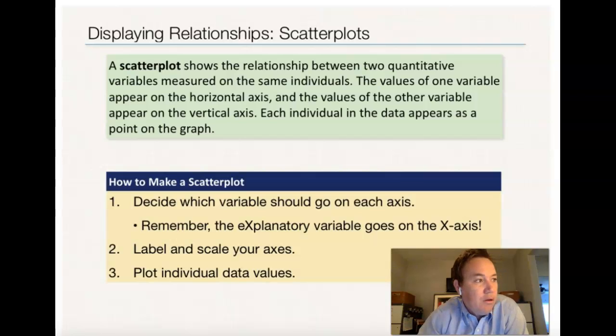When you make scatter plots, we will largely do them in the calculator, and then if it's on a test, you would just copy it from your calculator to the paper using sort of the same way we did with histograms. So you want to make sure you scale your axes, and you want to make sure that you label what your axes are as well.